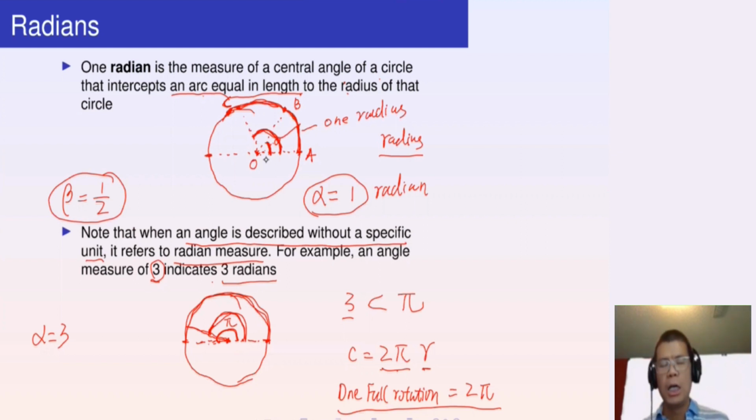Pi is a half rotation, half of a full circle. Then 3 is a little bit smaller than pi, so there's a small shortage here before it comes to pi. So it's something like this. Okay, so this is in radians.